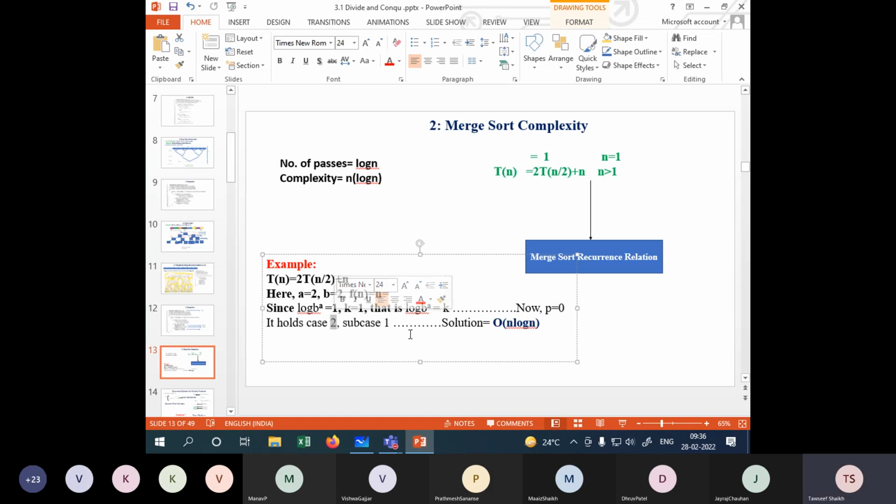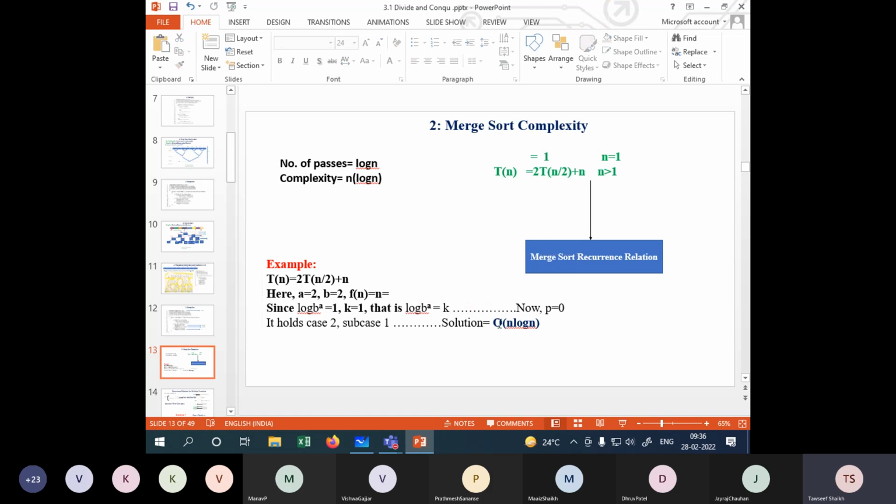When it comes under case 2, we go and find the value of p. Since p is here 0, it comes under subcase 1, because in case 2 there are 3 subcases.